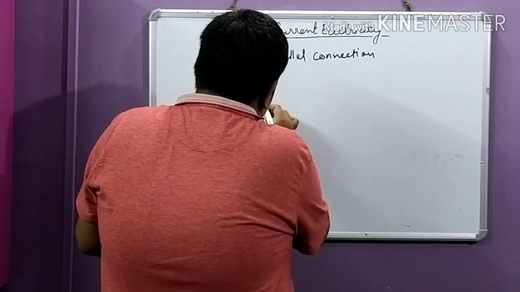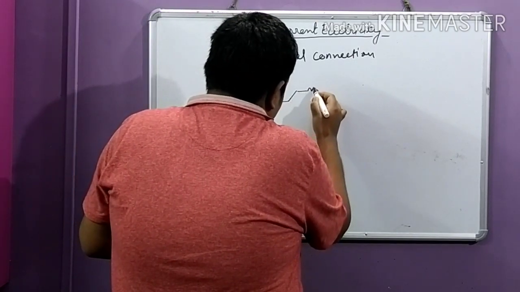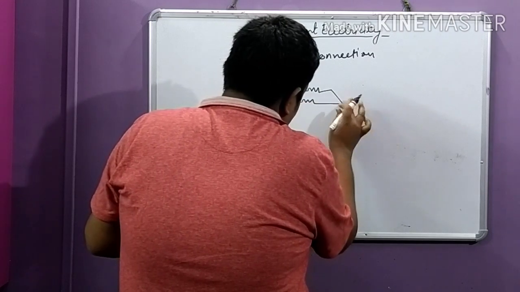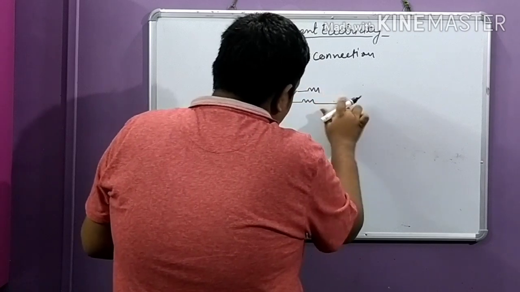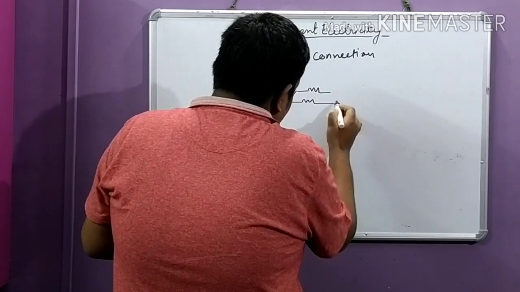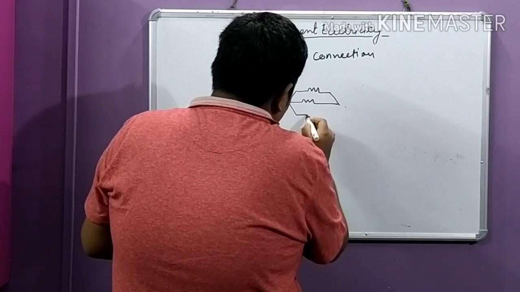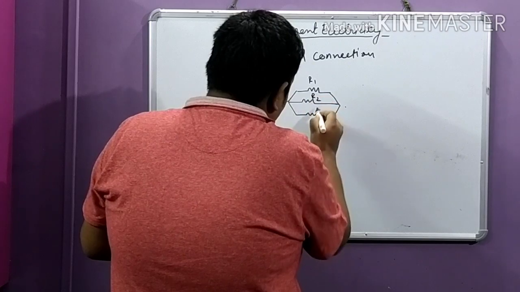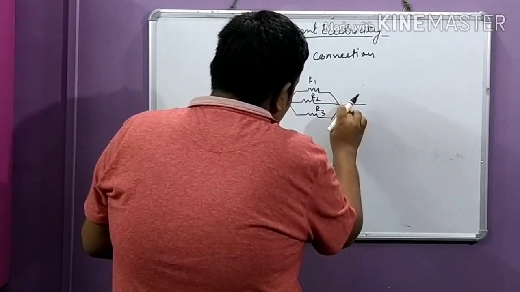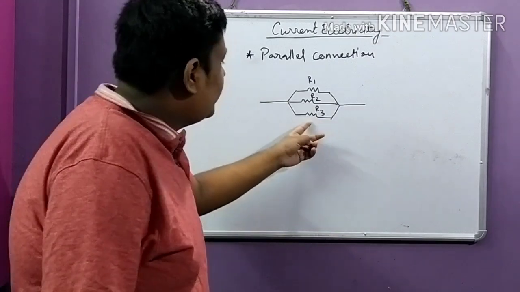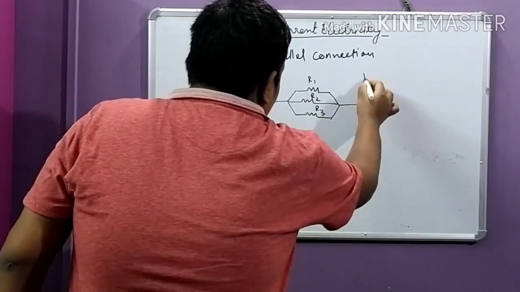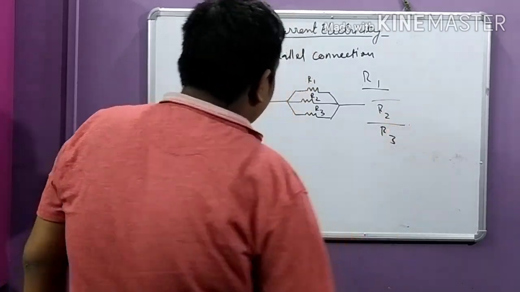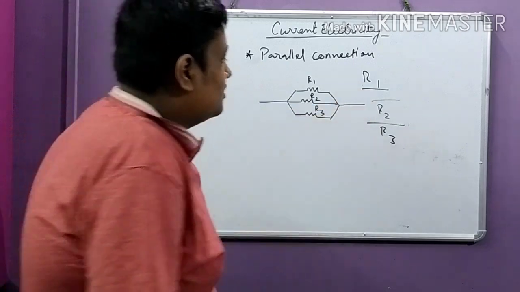So parallel connection is somewhat like this. When three resistors are connected in this way, parallelly, R1 is here, R2 is just below it, and R3 is below that, then it is called a parallel connection.